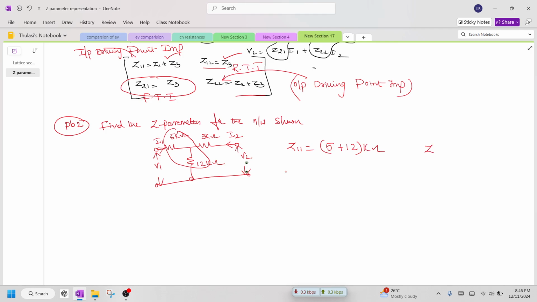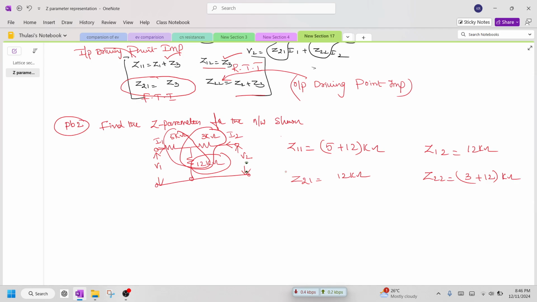Z12 is nothing but the shunt branch, 12 kilo ohms. The second row first column element, Z21, is also 12 kilo ohm. And the output driving point impedance is the sum of these two elements, 3 plus 12 kilo ohms.